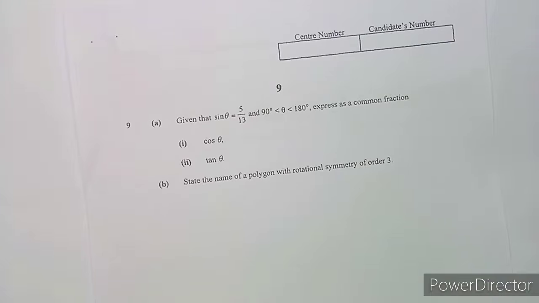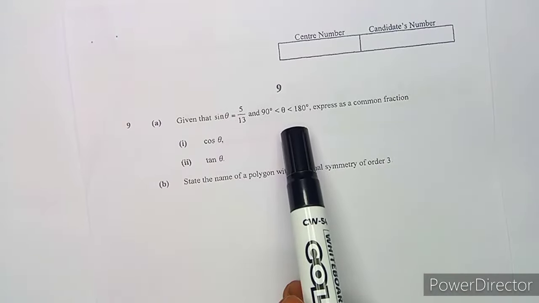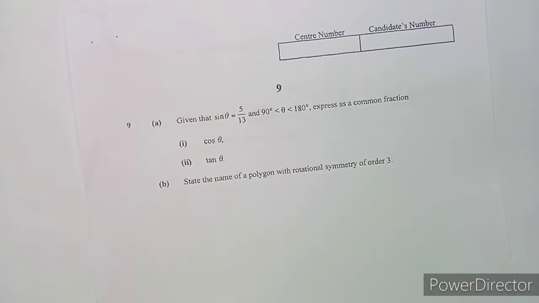This is a typical question which you are supposed to understand how to tackle. This is an interval for the values of theta between 90 and 180.